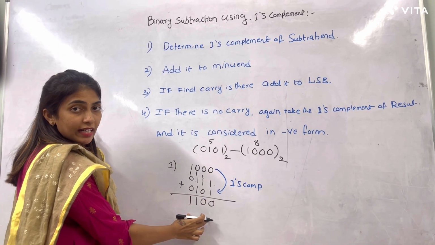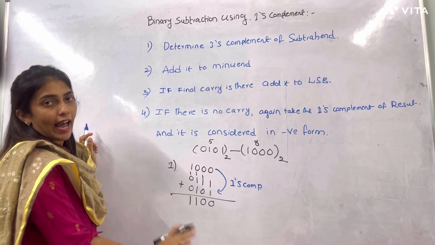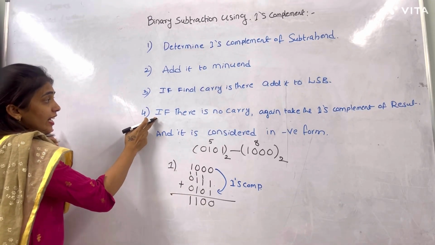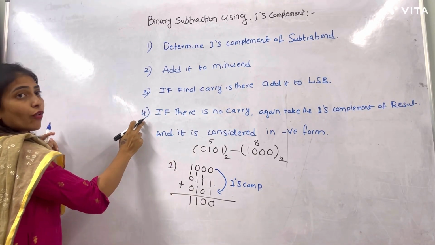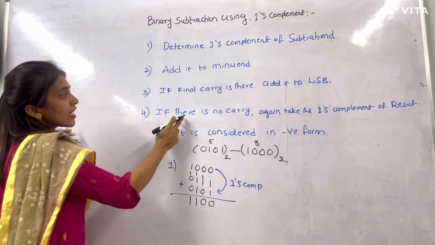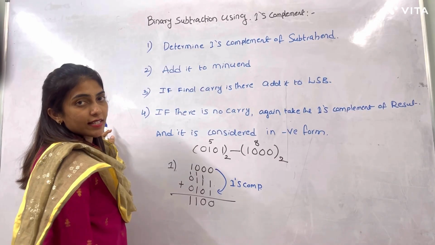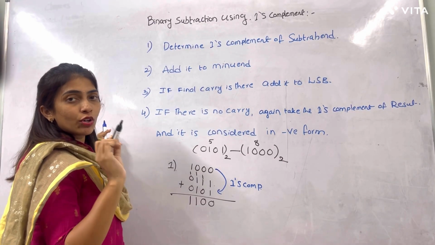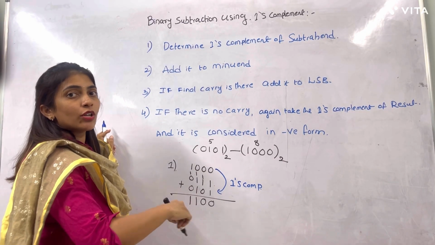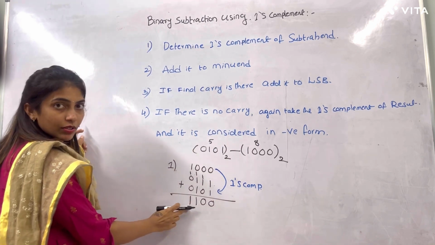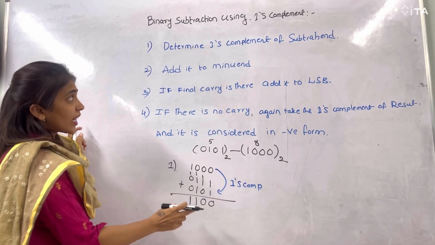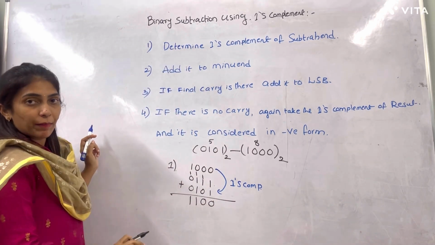While doing this binary addition, we did not get any carry. If there is no carry, then you have to follow the fourth step. If there is no carry, again take the ones complement of the result. What type of complement is this? Ones complement only.